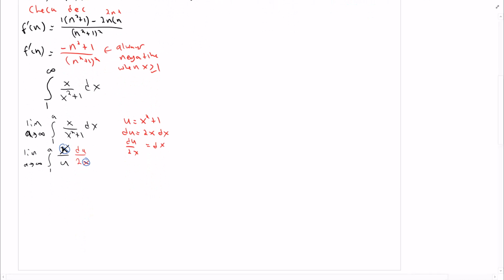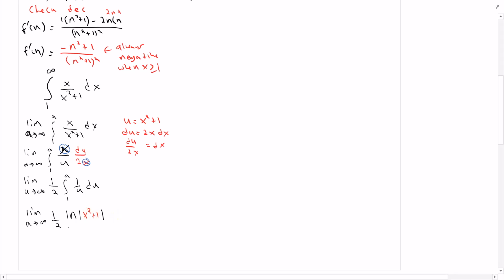So this turns into limit as a goes to infinity. Let's bring the 1/2 outside. 1 to a, 1 over u du, and the integral of 1 over u du is natural log. So this will be natural log u, but remember u was x squared plus 1. Let's go ahead and resub that in right here, x squared plus 1, absolute values.